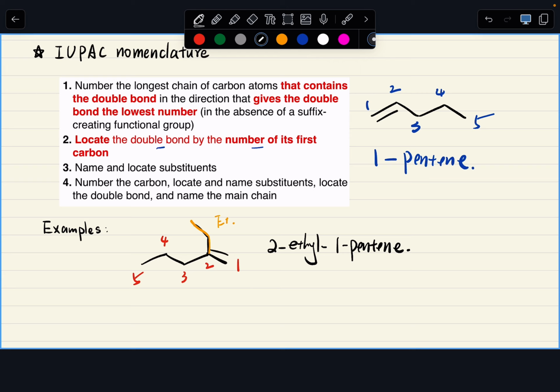Yes? Do you not go off of the longest chain starting from the top? Well, in this case, we want to make sure my double bond has the lowest number. I know what you were saying: 1, 2, 3, 4, right? But we want to make sure my double bond is in my main chain. Yes? The double bond is more important than substituents at this point, right?